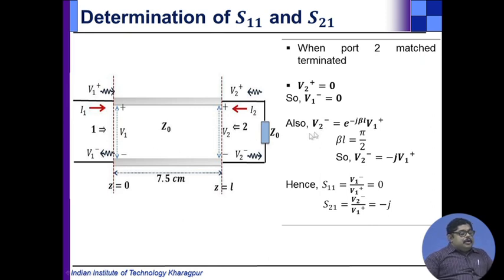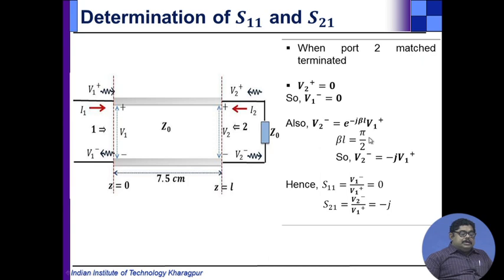So, now what is V2 minus? V2 minus is what is coming here, because you are exciting from here. So, this wave is coming here. In a lossless transmission line of length L, a wave V1 plus started from here, after going distance L, will add a phase of e to the power minus j beta L. So, that is what we have written: V2 minus is e to the power minus j beta L into V1 plus.